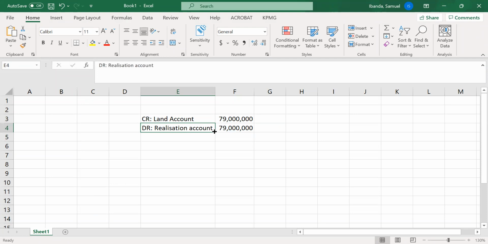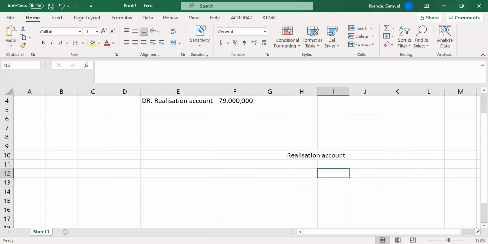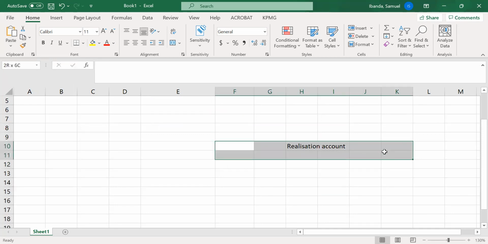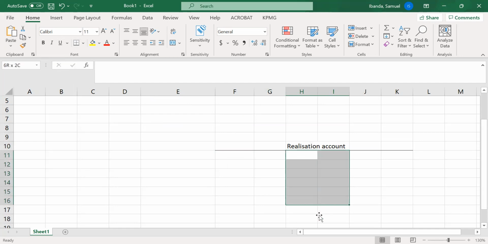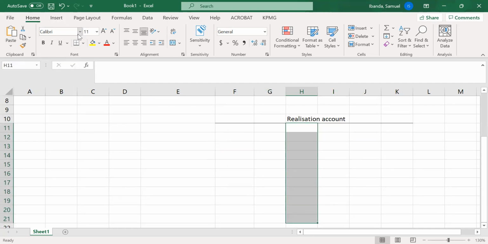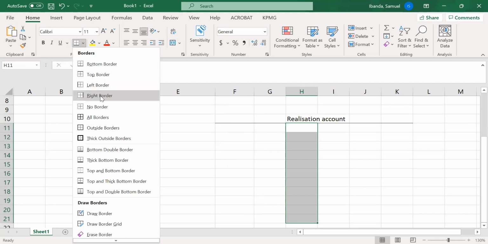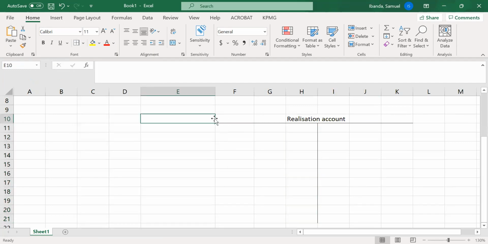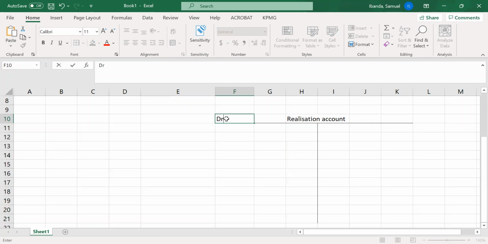So your realization account, you're going to see it this way. If you have your realization account drawn up, which I'll just try to show you how to go after this, we shall draw it as our T account, to have the debit side and the credit side of it, okay?